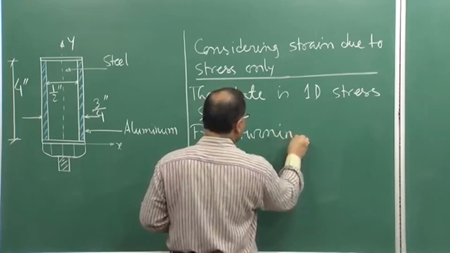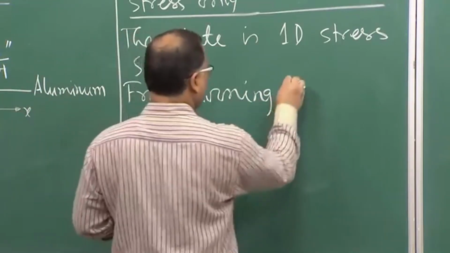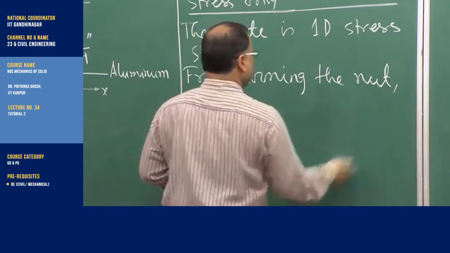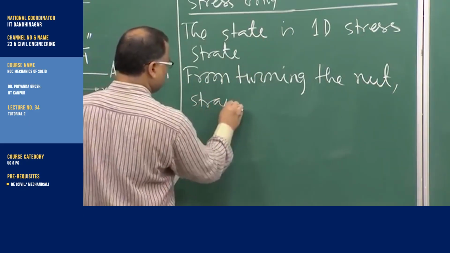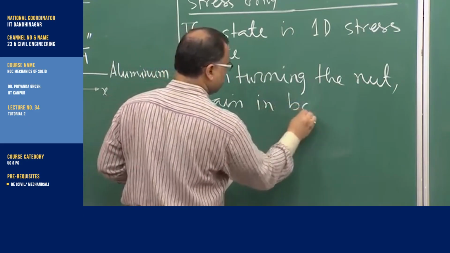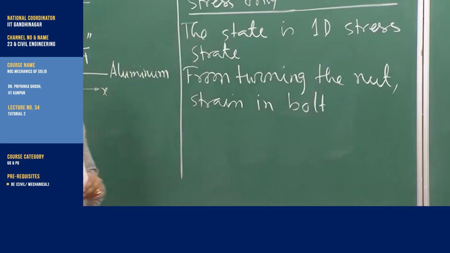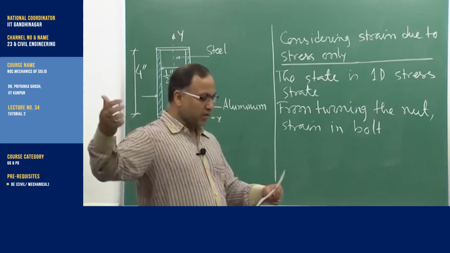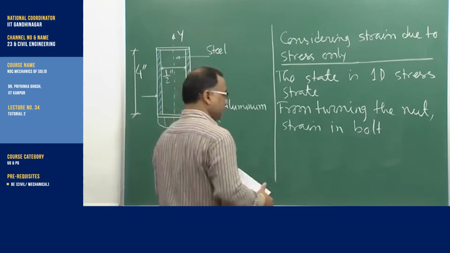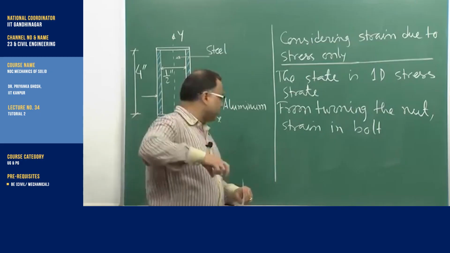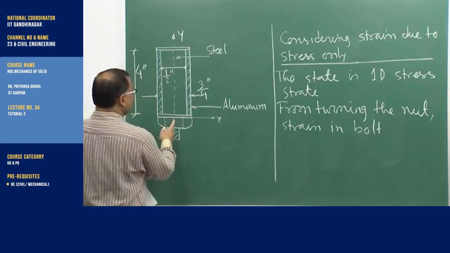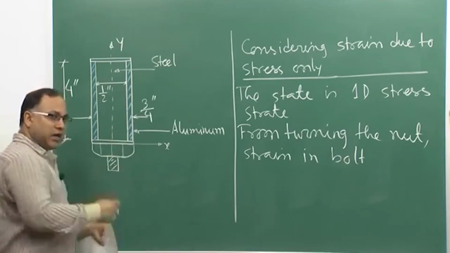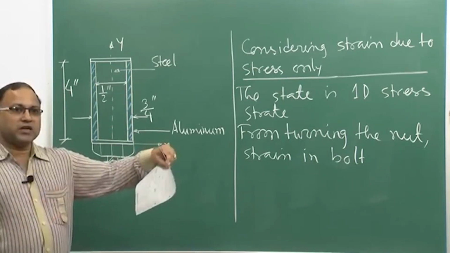Okay. So, from turning the nut, the strain in the bolt will be how much? When you are turning the nut, the bolt will be under tension, right, because you are giving the turn, so it is trying to push the sleeve. Therefore, this bolt will be under tension.